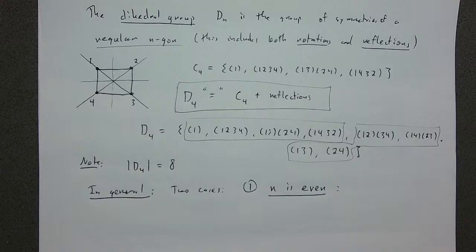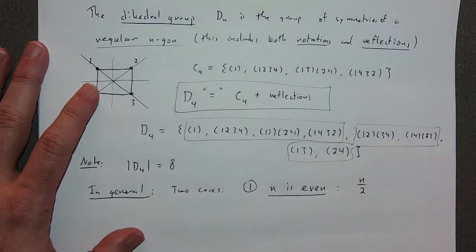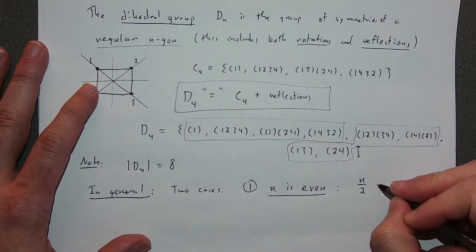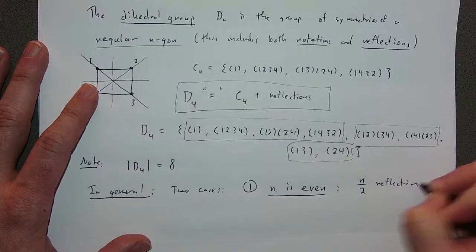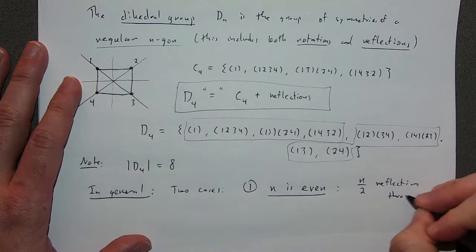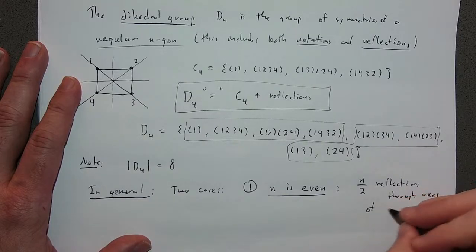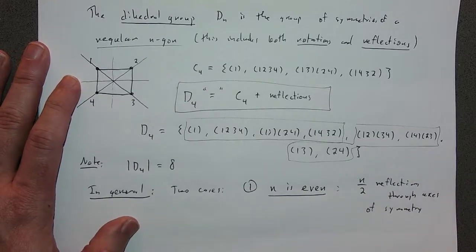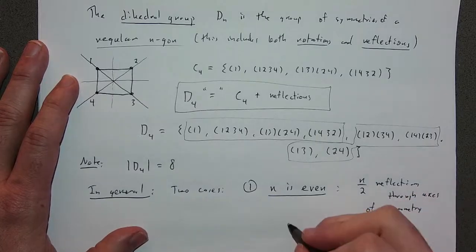If n is even, then there are n over 2 reflections through axes of symmetry passing through opposite vertices, and n over 2 reflections through axes that pass through midpoints of opposite edges.